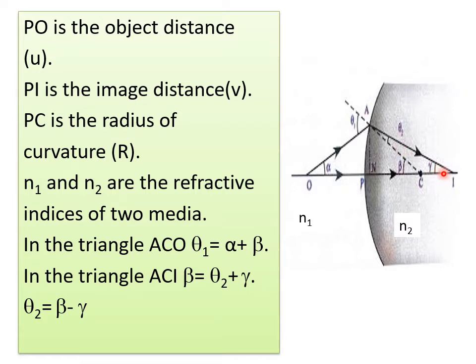I want theta 2, so theta 2 is beta minus gamma. Now your theta 1 is the angle of incidence and theta 2 is the angle of refraction, I hope you have understood when I explained the theory. So theta 1 in terms of alpha and beta, theta 2 in terms of beta and gamma.